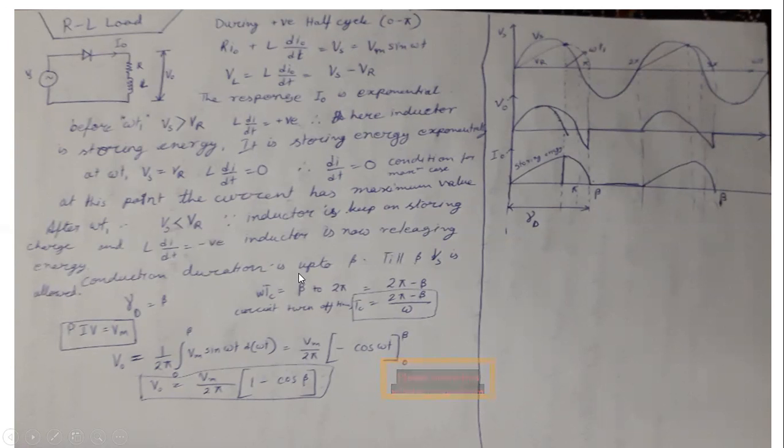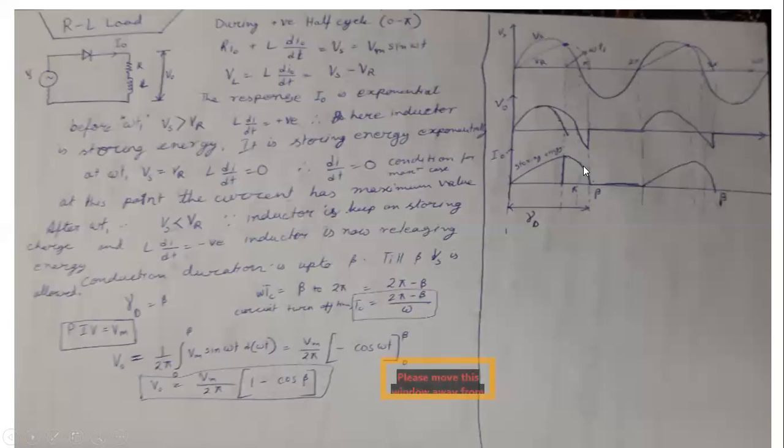So the conduction duration is up to beta. You can see this conduction duration is up to beta. Till beta, the supply voltage is allowed. The output voltage will follow the supply voltage up to pi, and after that also the current is conducting because of the release of energy from the inductance.